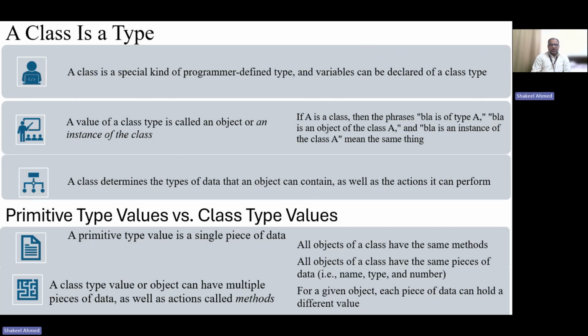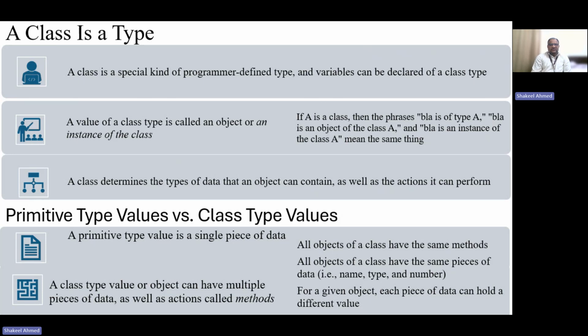For example, if A is a class, then we say that blah is of type A, or blah is an object of the class A, or blah is an instance of the class A. They all mean the same thing.